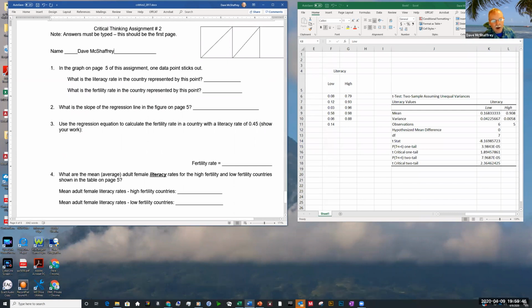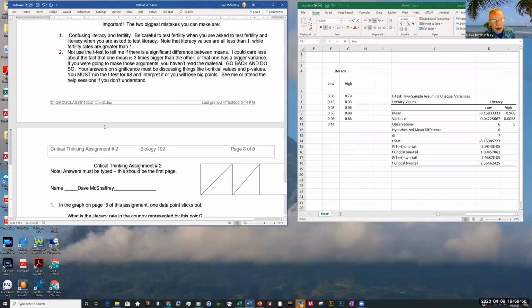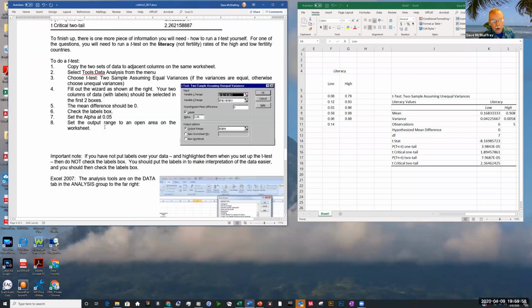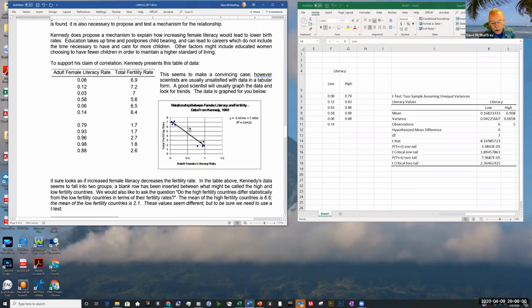Then it says, in the graph on page 5 of the assignment, one data point sticks out. What is the literacy rate in the country represented by that point, and what's the fertility rate? So if we go back to page 5, we're looking at this graph right here. There's our data point sticking out. Now you could estimate the literacy rate by coming down to here, and you say, well, it's going to be a little bit more than 0.5. And the fertility rate's going to be somewhere between 5 and 6, but that's the hard way to do it.